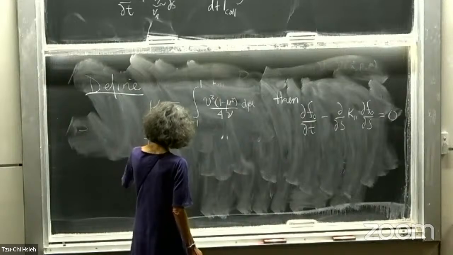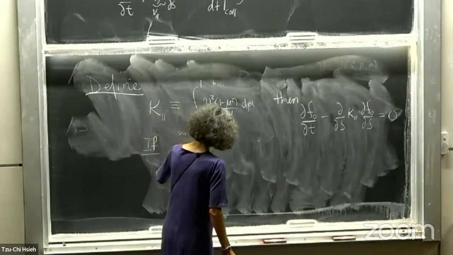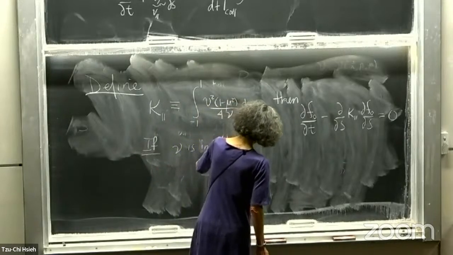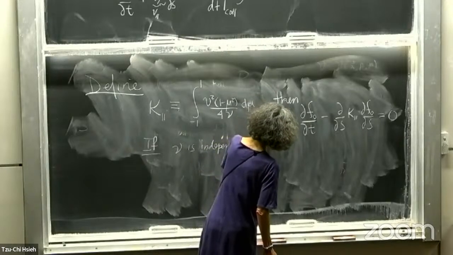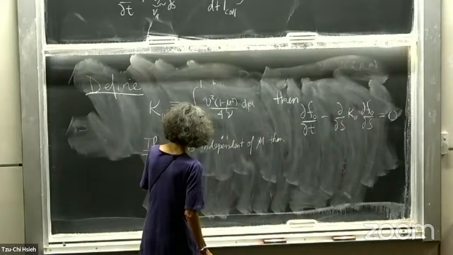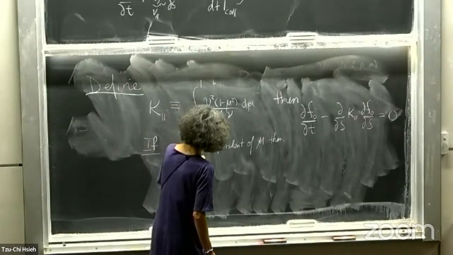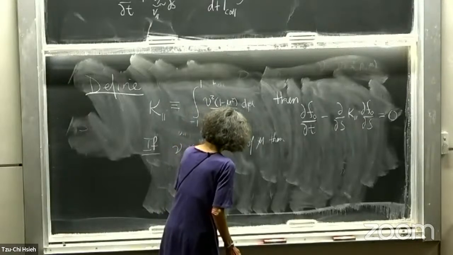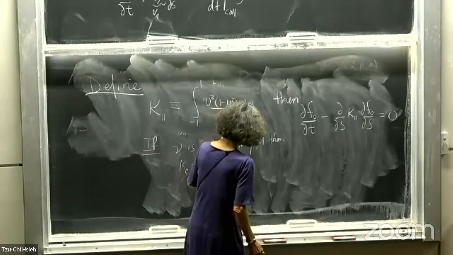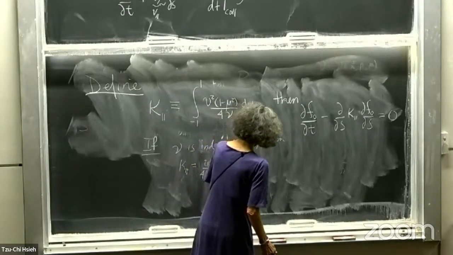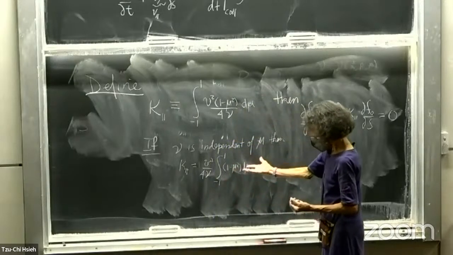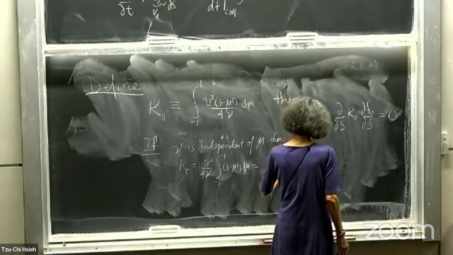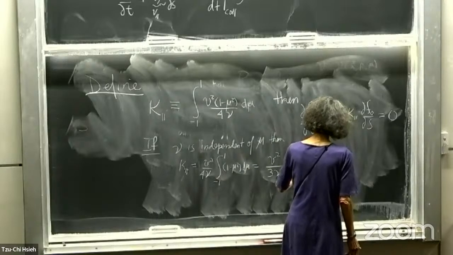Now, if nu is independent of mu, which is certainly not always the case, then kappa parallel is v squared over 4 nu times the integral from -1 to 1 of (1 minus mu squared) d mu, which is 4/3, so it's just v squared over 3 nu, which is also lambda v over 3.